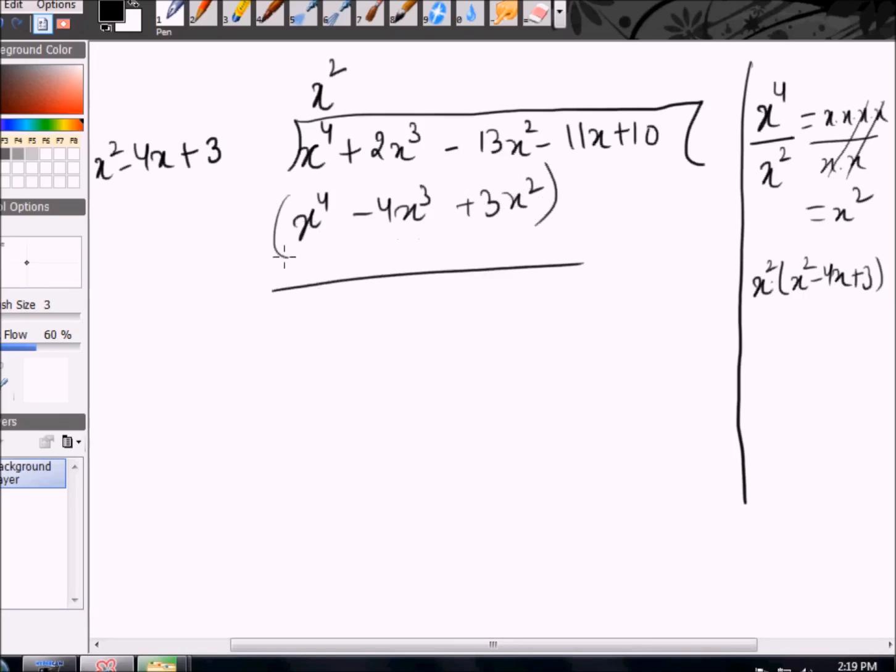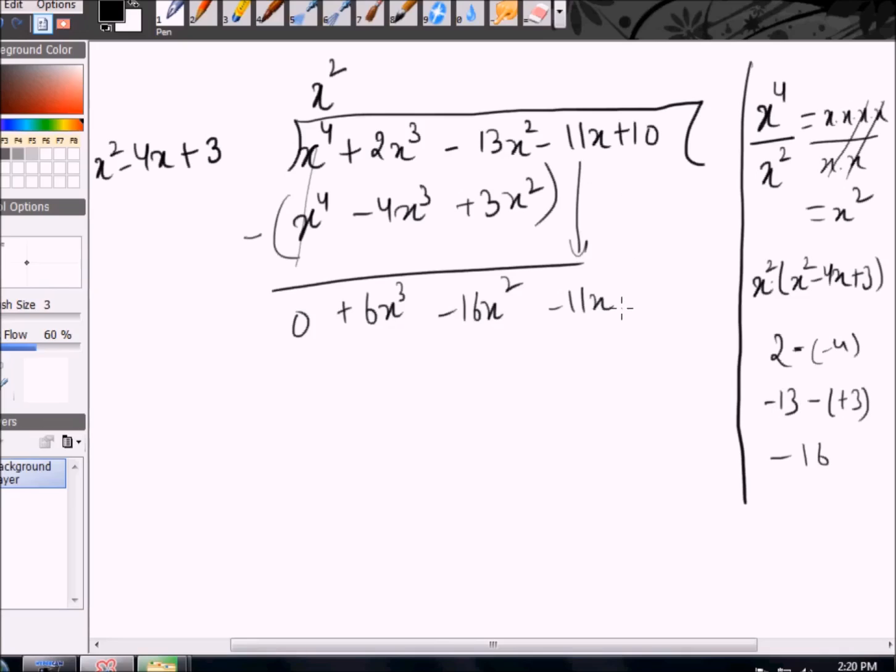On subtracting, we get 0 over here, and 2 minus of minus 4x cube gives us 6x cube. And now minus 13 minus plus 3 gives us minus 16x square. The remaining terms stay as they are: minus 11x and 10.